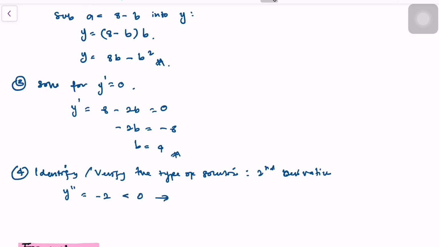So therefore we can say that the area of rectangular is maximum when b is equals to 4. Okay.